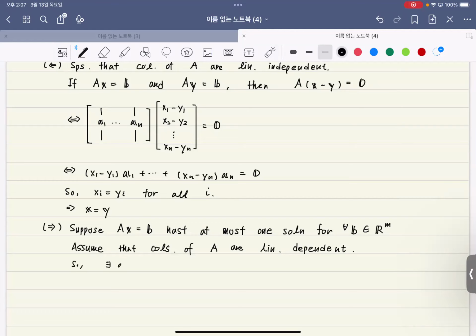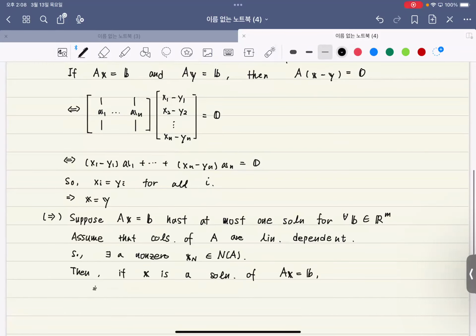So there is a non-zero vector xn in the null space of A. Then, this is easy: if x is a solution of Ax equals b, then x plus xn is a solution too, right?